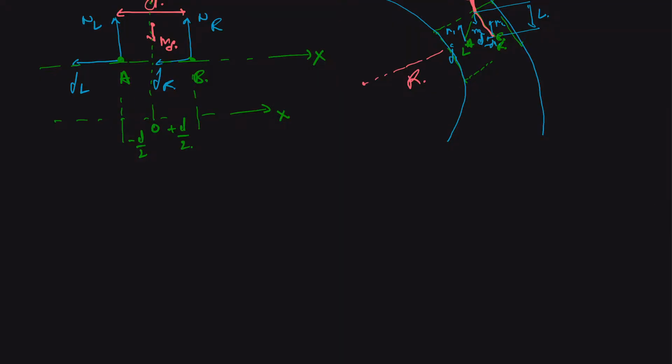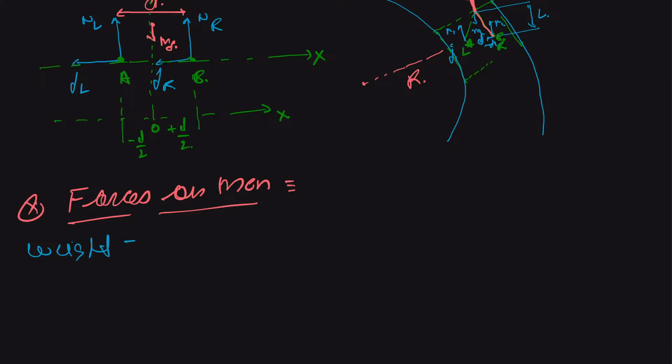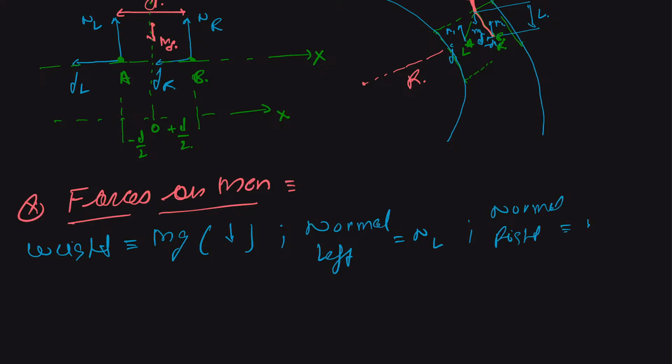So, forces on the man. Like I said, there will be the weight, which is mg, acting downward along the center of mass, and we have a normal on our left foot, which is NL, and a normal on the right foot, which is NR.